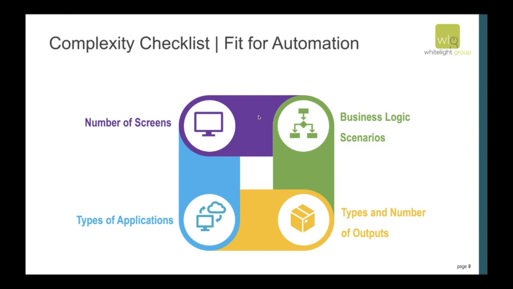Some of them might include 25 steps, some of them might include 200, some 500. You want to stay underneath maybe that 500 number from a step point. How many types of applications are being used? In addition to how many types of applications are being used, what kind of business logic scenarios are there? We talked about that approval process. Well, that goes through many business logic scenarios.